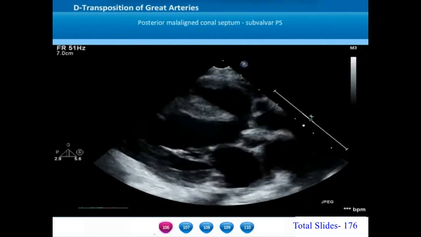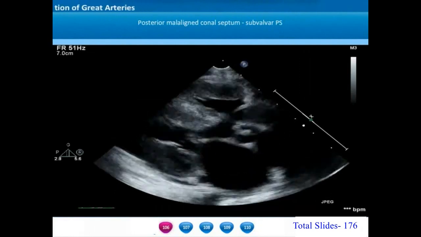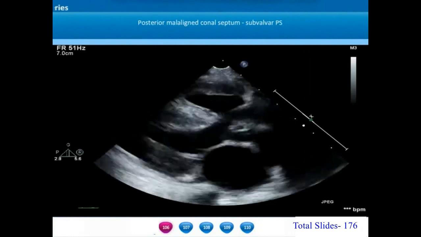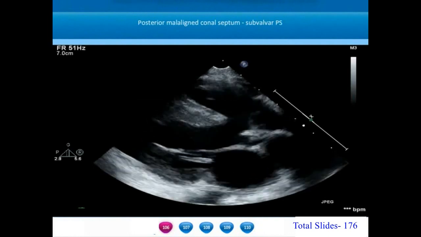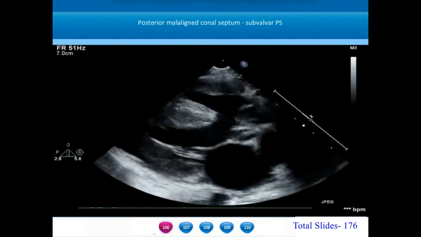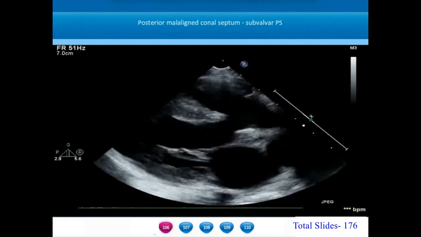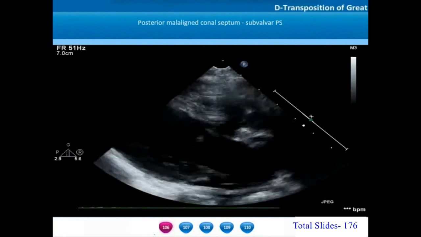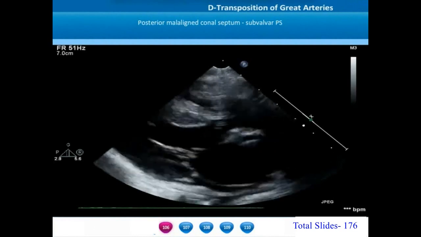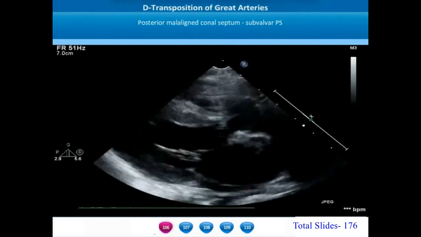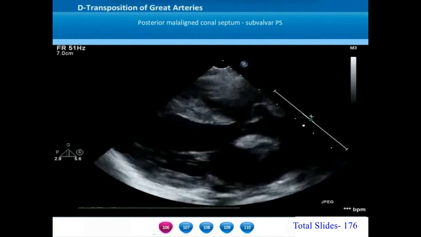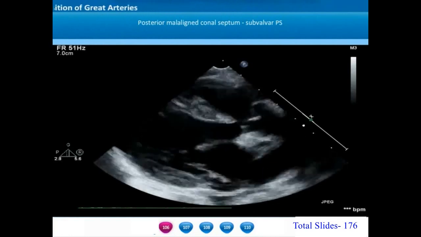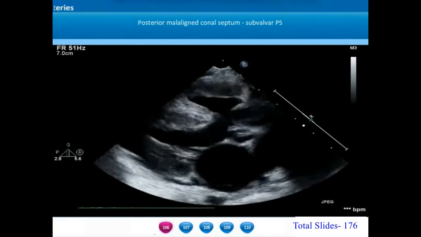In some of the transposition with a large subpulmonary VSD, there can be a malalignment of the conal septum. The conal septum will be deviated posteriorly towards the subvalvular pulmonary outflow tract, and the aorta will seem to override. In this example, the aorta overrides the ventricular septal defect, and about 20% of the aortic annulus is committed towards the left ventricle.